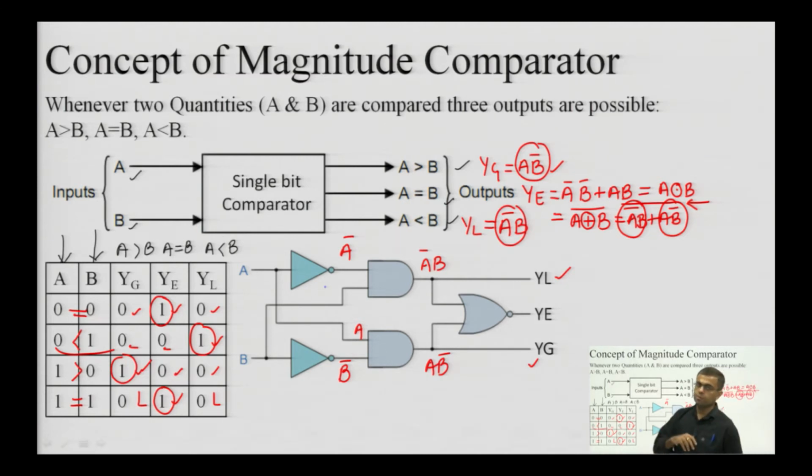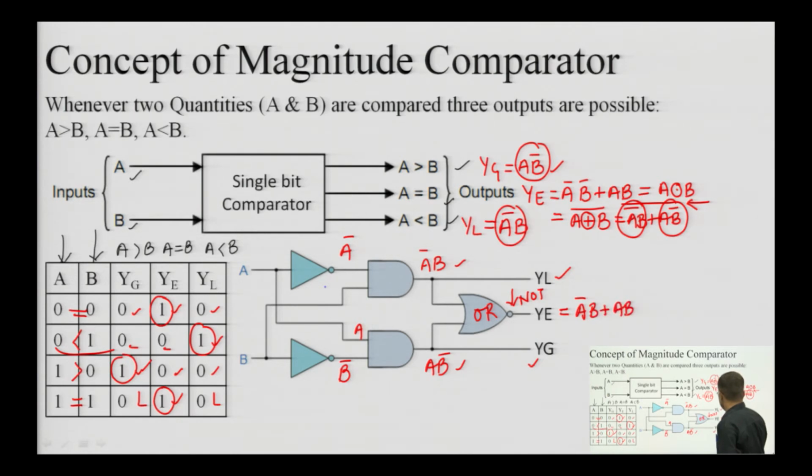That means, addition plus complement can be done with the help of a NOR gate. So, that is why we can see that this a bar b and a b bar are OR plus NOT, that means a NOR gate is taken here to generate the expression for y e, which will be a bar b plus a b bar, whole bar. Okay. So, this is the circuit for a single bit comparator, 1 bit comparator.